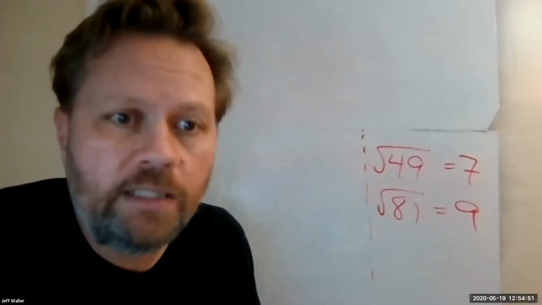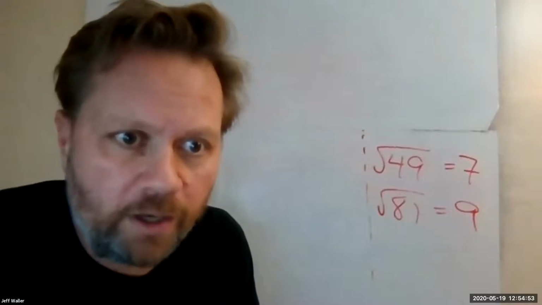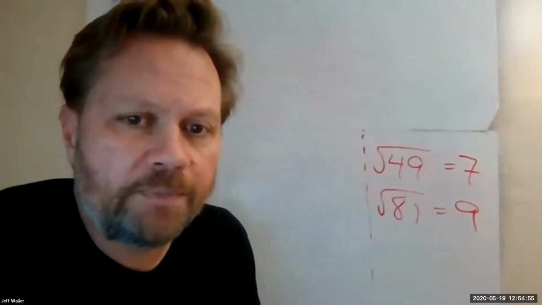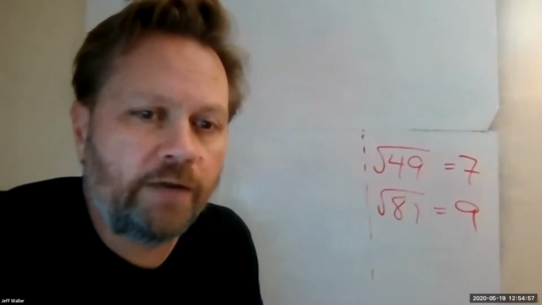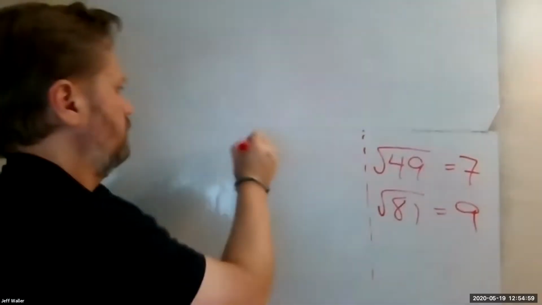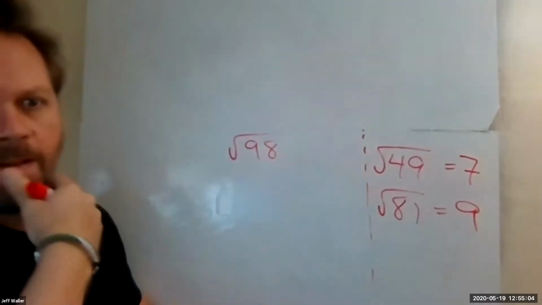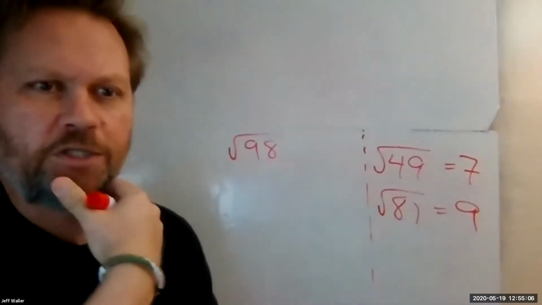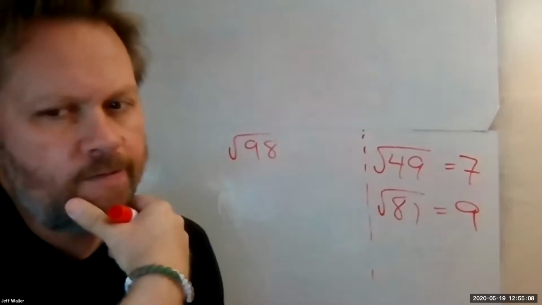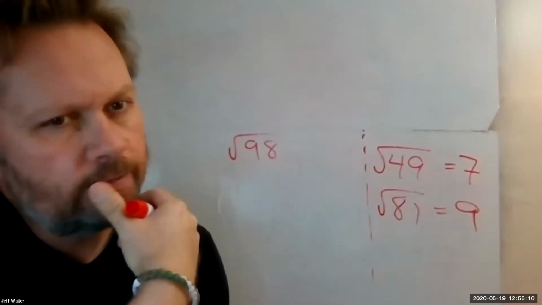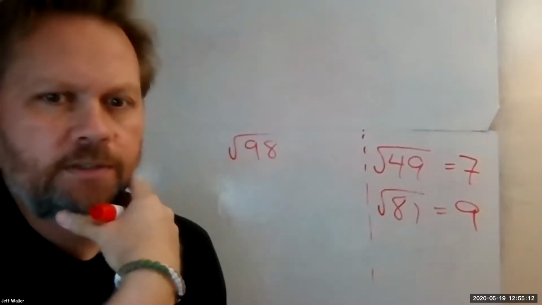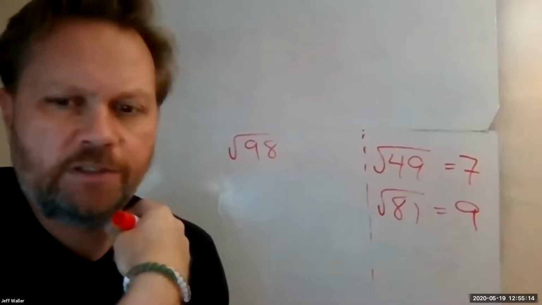So those are the kind of numbers you're looking for to break up some number you can't do the square root of. So for example, if I have the square root of 98. This could be one that just jumps out at you or not. So one way to do this is to start dividing 98 by squares.